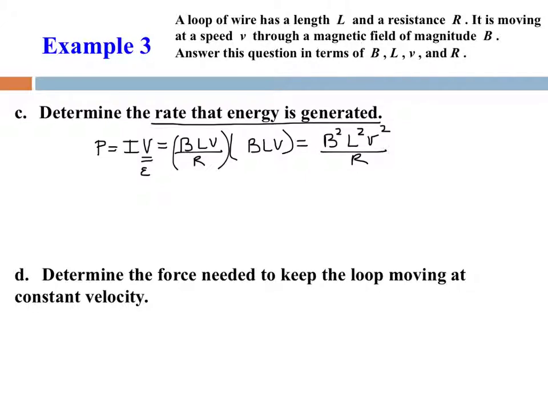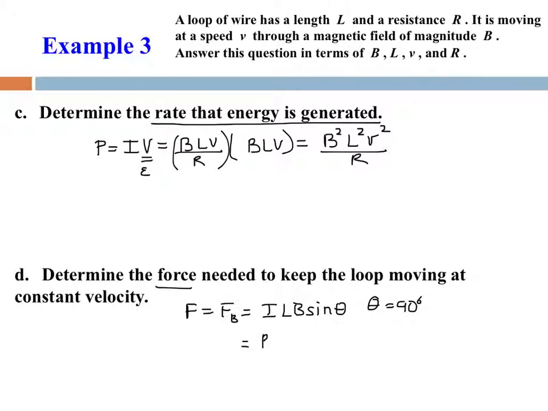And then finally, we're asked to determine the force needed to keep the loop moving at a constant velocity. Again, we said that this force is going to be equal to ILB sine theta, where theta is equal to 90.